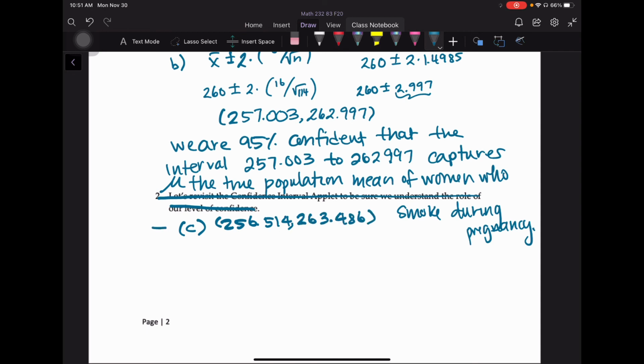It's basically the same statement that we have above, except we change 95 to 98, and we change these two numbers to here. Okay, we're going to revisit the confidence interval applet in StatCrunch, and we're also going to do the 98% confidence interval in StatCrunch.